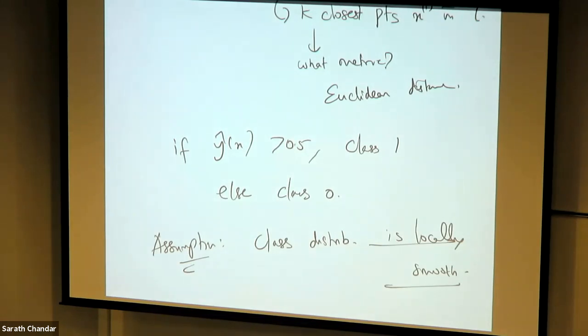Hyperparameter. So K is a hyperparameter. You have to fix the K before you start the algorithm. You should first decide how many members are going to be in the neighborhood. That's an important hyperparameter. Anything else?